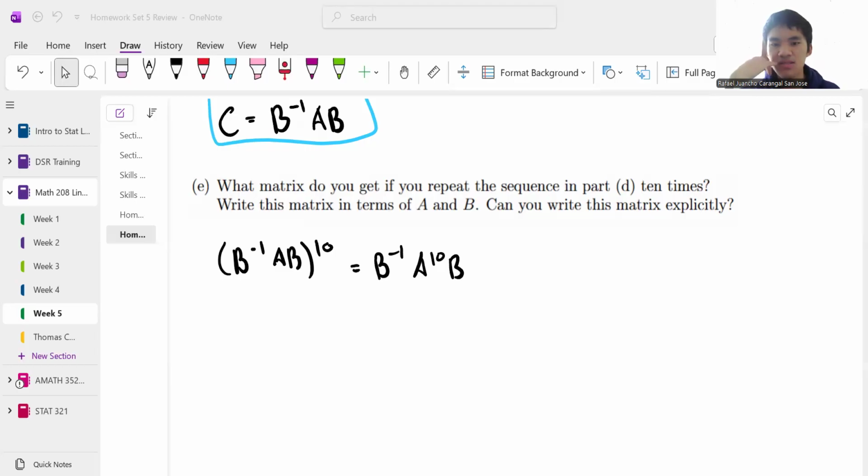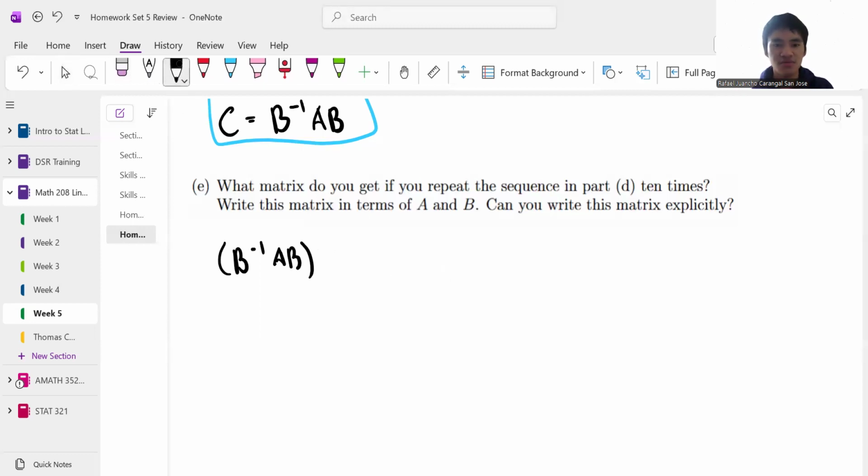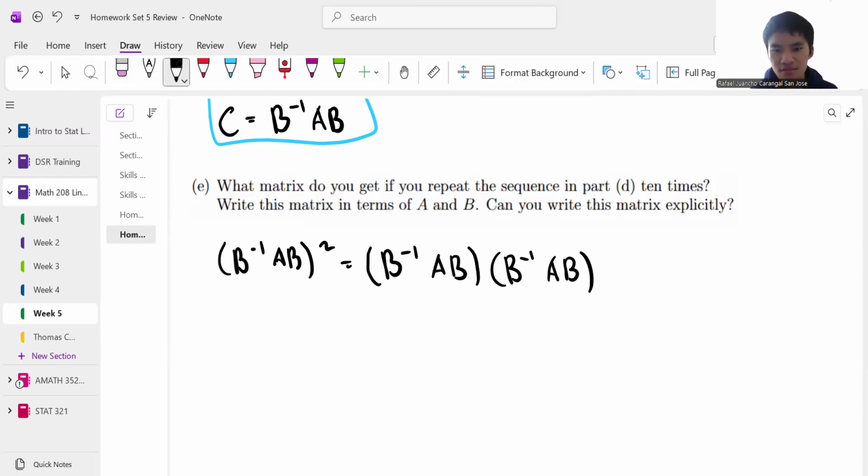Oh, so it is. Okay, wait, let me see. Let's do a few terms. So say we have, let's do 2, right? What's that going to be? That's B negative 1 AB, B negative 1 AB. And what's that going to look like?